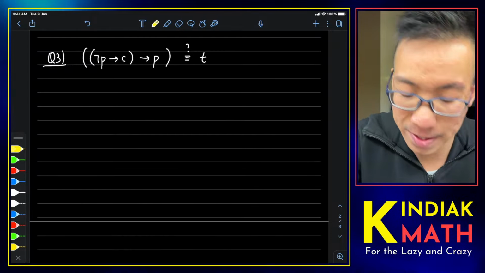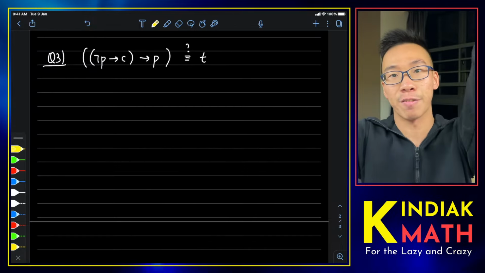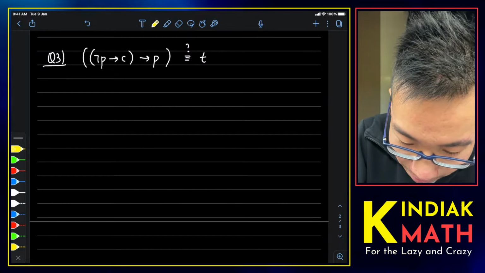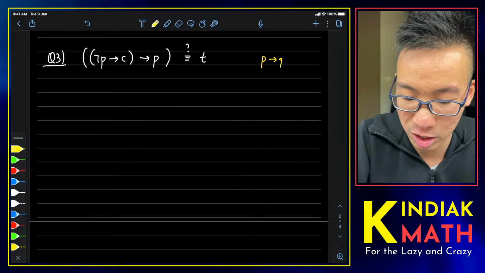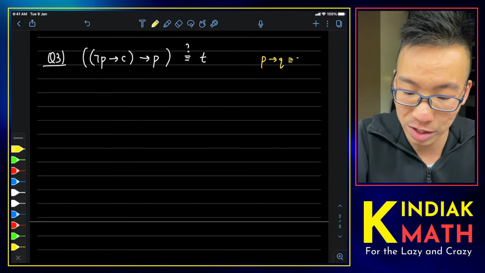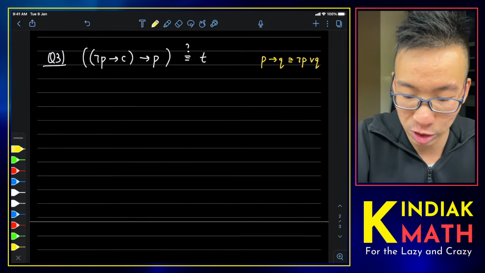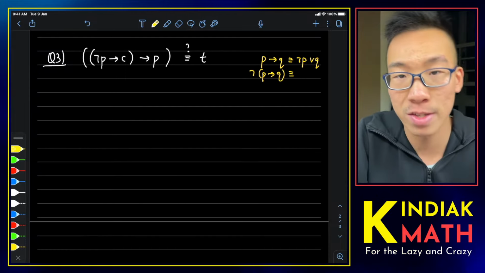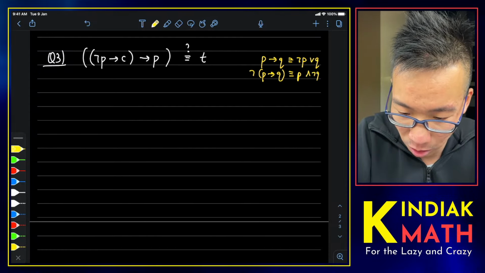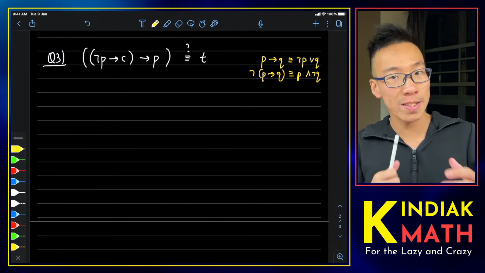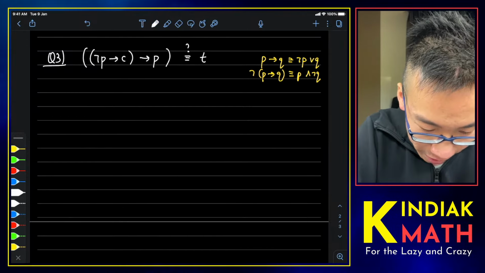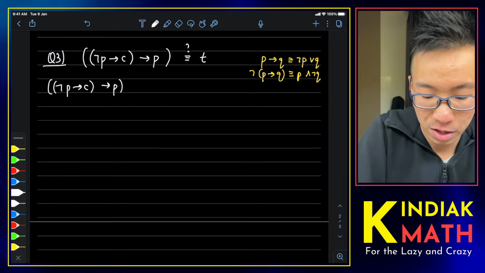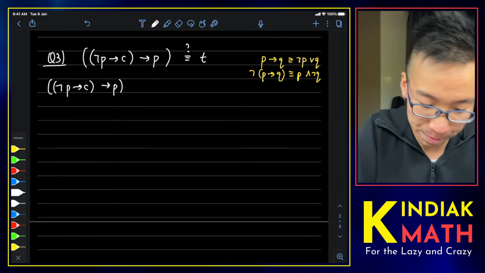Now, the key insight in this question is just like the first bit, the first trick that one of my students suggested, which is the fact that when you take P implies Q, this is equivalent to the negation of P or Q. Likewise, if you take the negation of that, by De Morgan's laws, you can flip everything accordingly. So what that tells us is that we can try to apply this little trick throughout this argument.